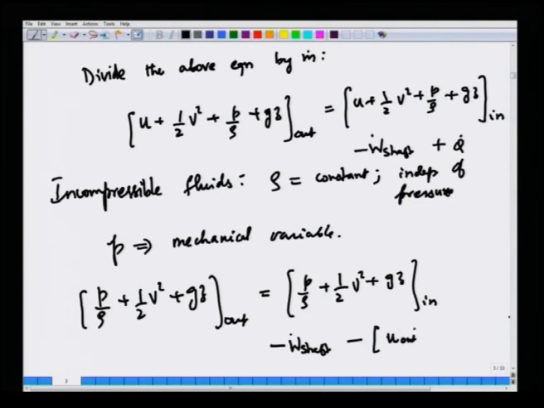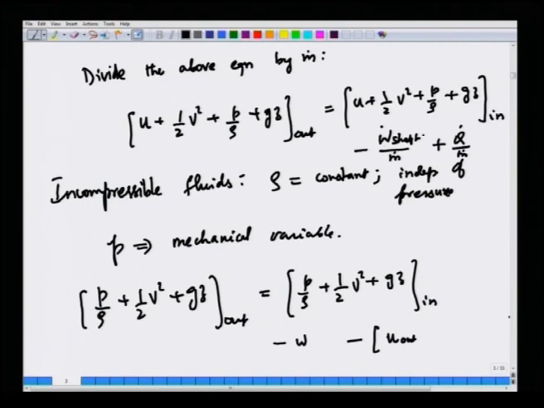Okay, so, we are trying to divide the entire equation by m dot. So, you will get W dot shaft by m dot, Q dot by m dot. Okay. Now, W dot shaft by m dot is nothing but small w, it is the work done by the CV per unit mass of the fluid. There is no rate because you are dividing one rate with another.